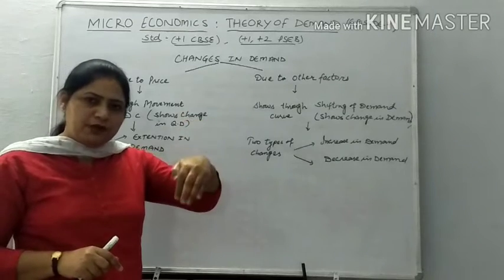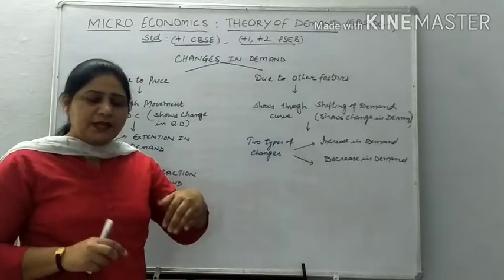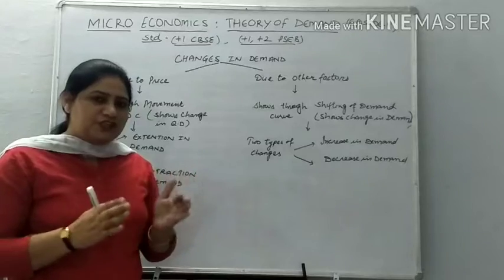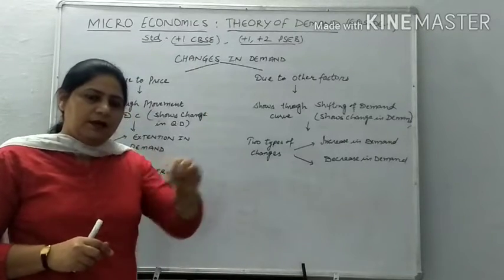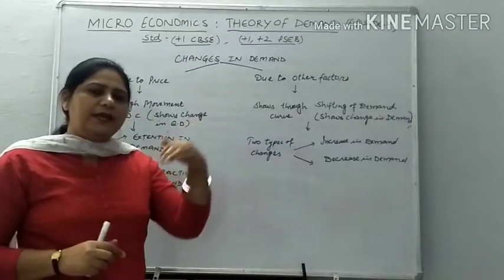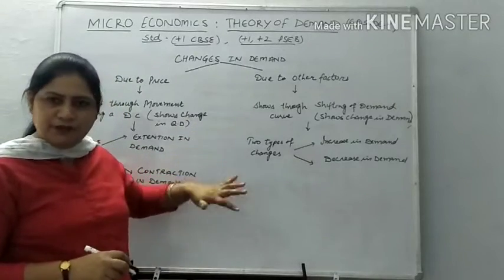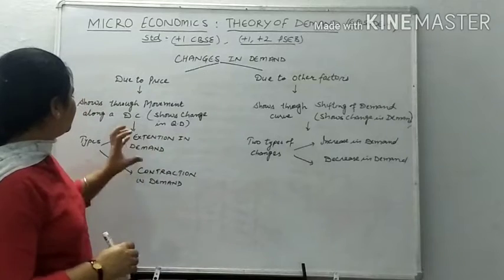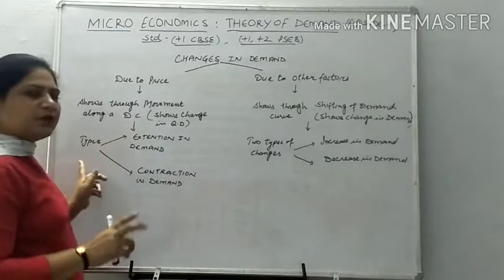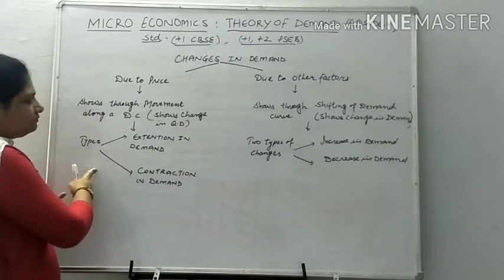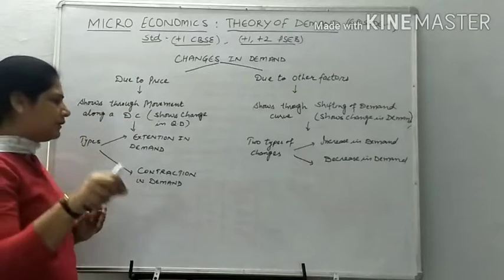If there is a fall in the price of a commodity, we show the change with an arrow along the demand curve, which I will demonstrate in a figure again. Students, there are two types of changes along the demand curve.